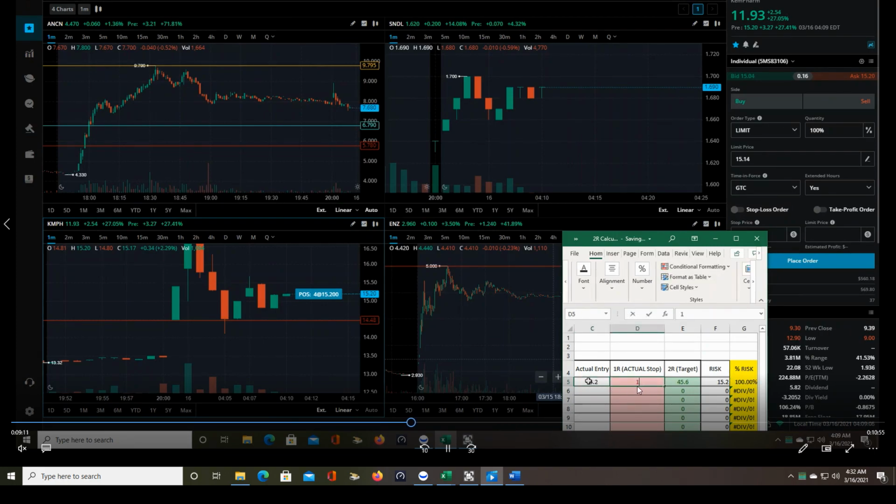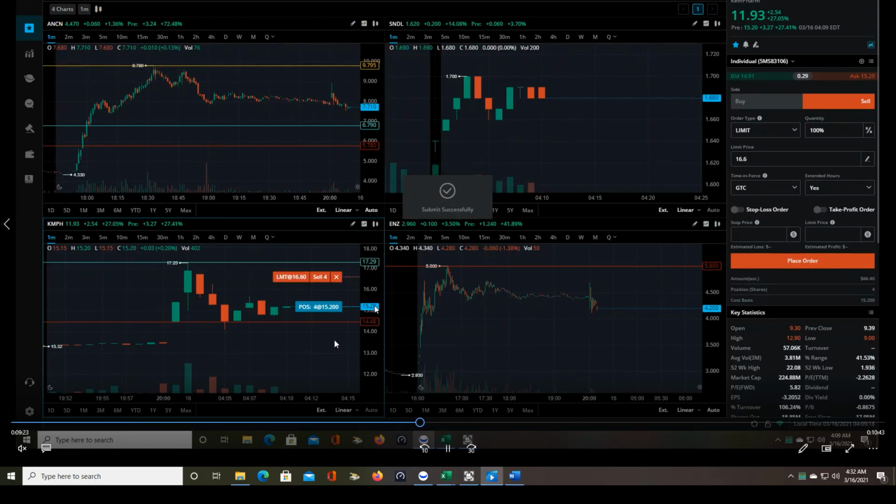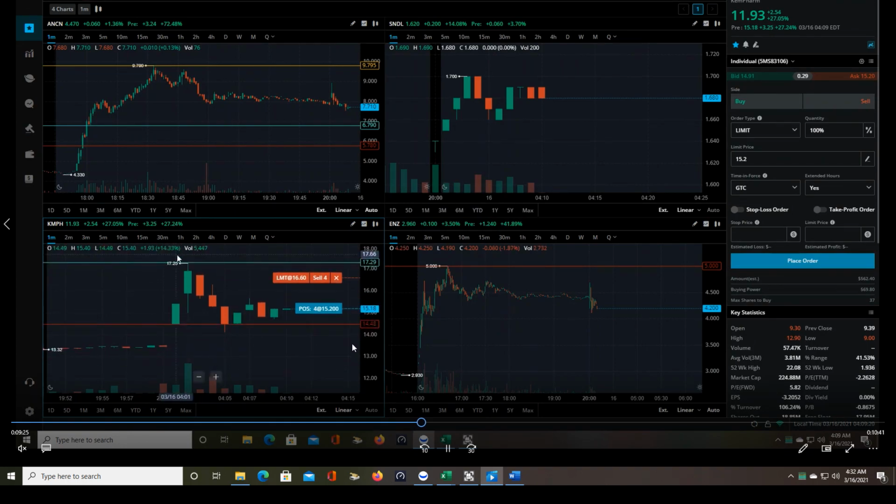So my actual entry was 15.20, and my stop loss is 1 cent below this candle, and that put my profit target up at, about to enter it here, 16.60. So I put that out right away because it was moving slow, and just put my line out.